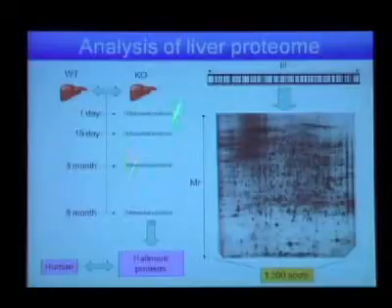So we did all these experiments, all these comparisons, and we ended up with more than 100 differential proteins that are represented in this heat map over here. Each column is one of the time points we studied, and the rows correspond to the different proteins identified. We were interested in some proteins that were altered very early, 1 day after birth.